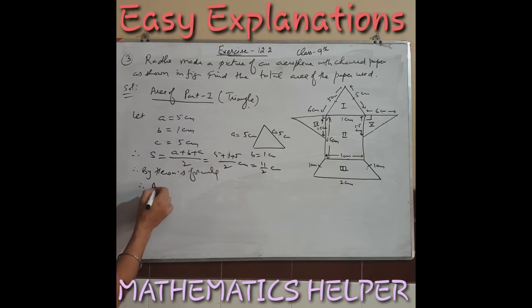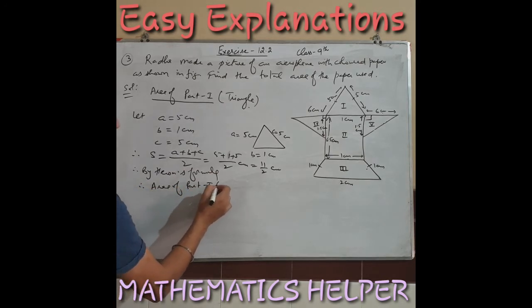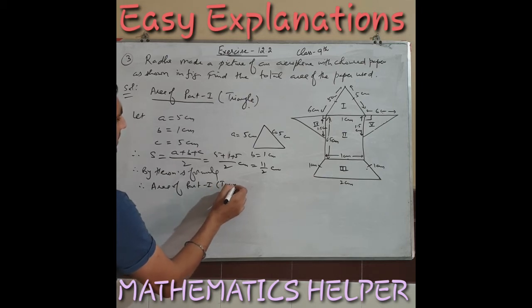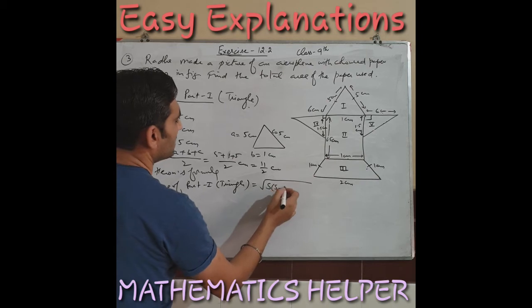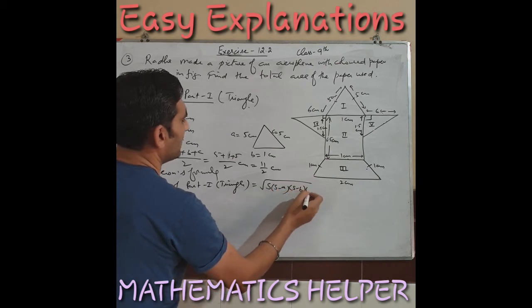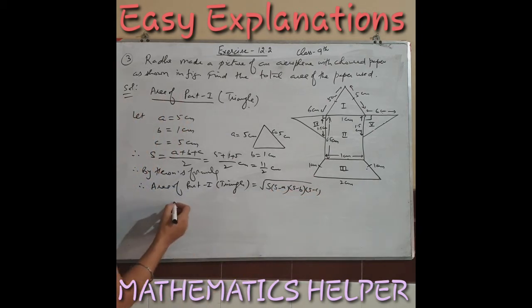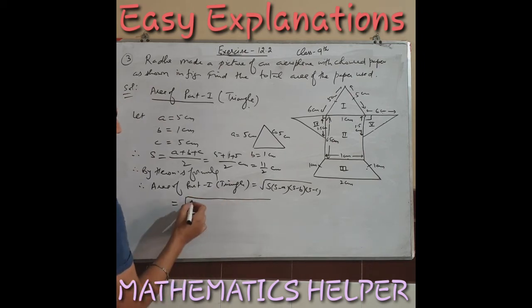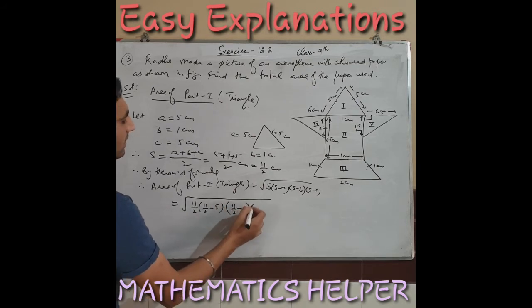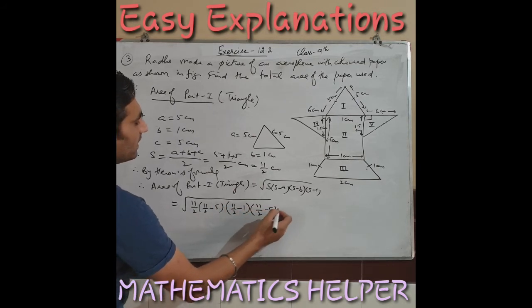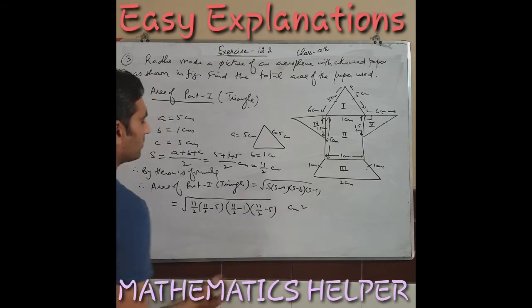So the area of part 1, a triangle, is the square root of s into (s minus a) into (s minus b) into (s minus c). Here s is 11 over 2. 11 over 2 minus a, which is 5; 11 over 2 minus 1; 11 over 2 minus 5, in centimeter square under the root.